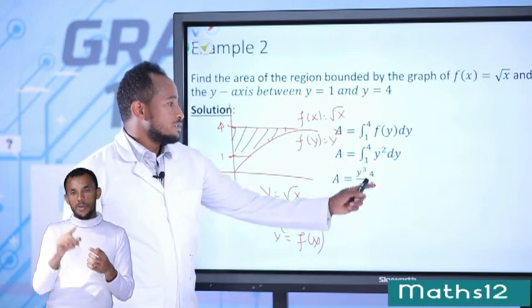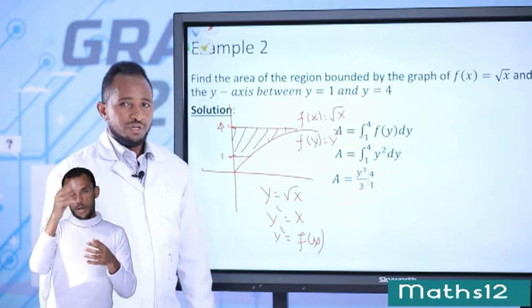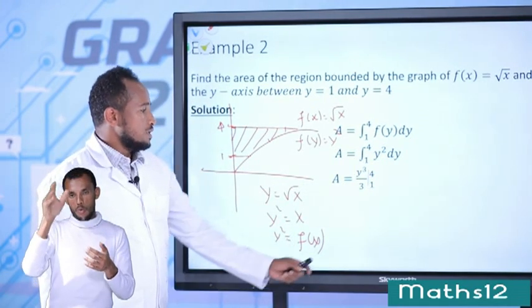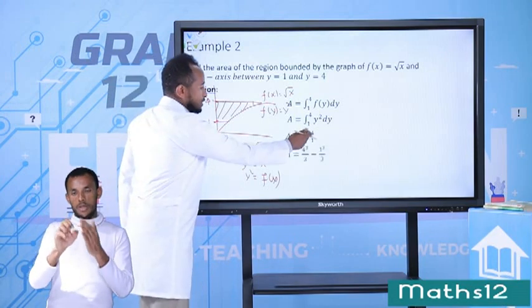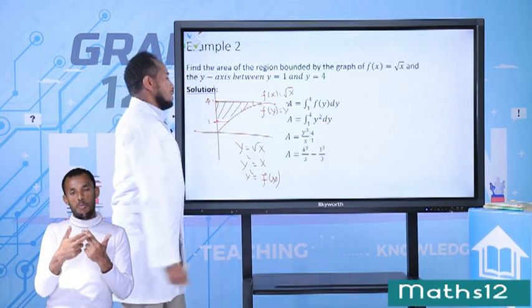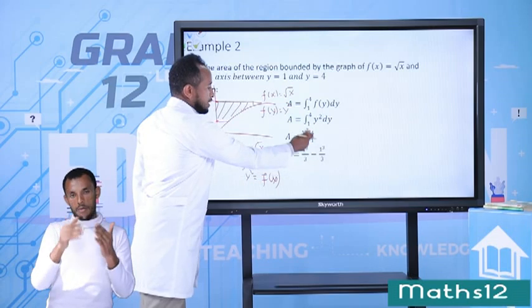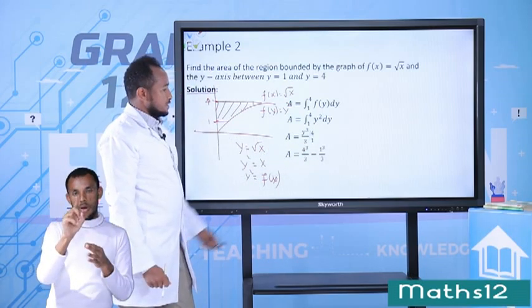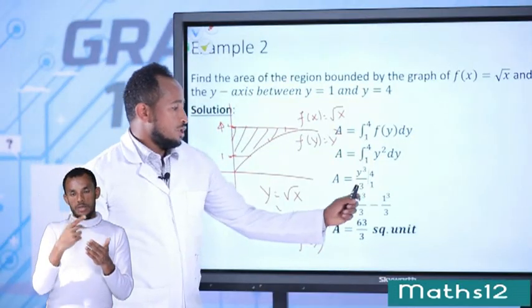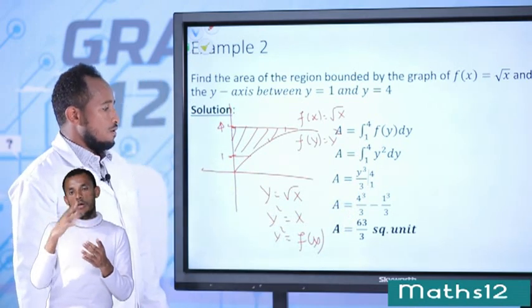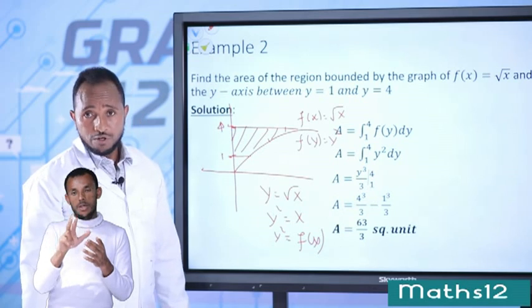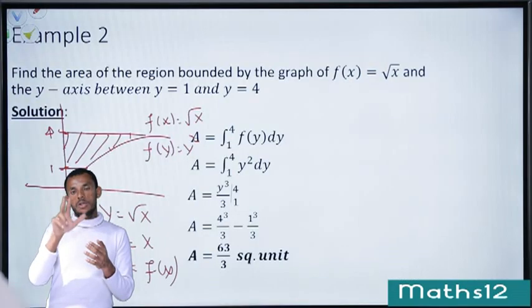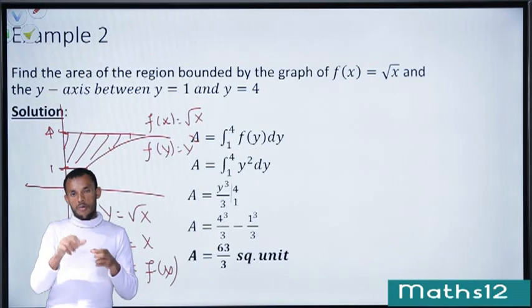As you remember, the integration of y squared is simply y cubed over 3 on the interval 1 up to 4. So first put 4 in this: 4 cubed over 3, minus 1 cubed over 3. Therefore, 4 cubed is 64 over 3, minus 1 over 3 is 63 over 3 square units. So the area of this region is 63 over 3 square units.